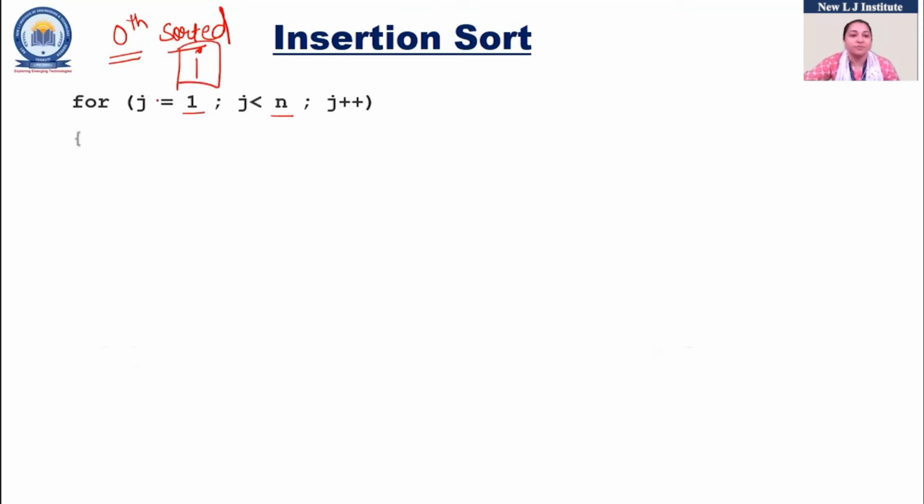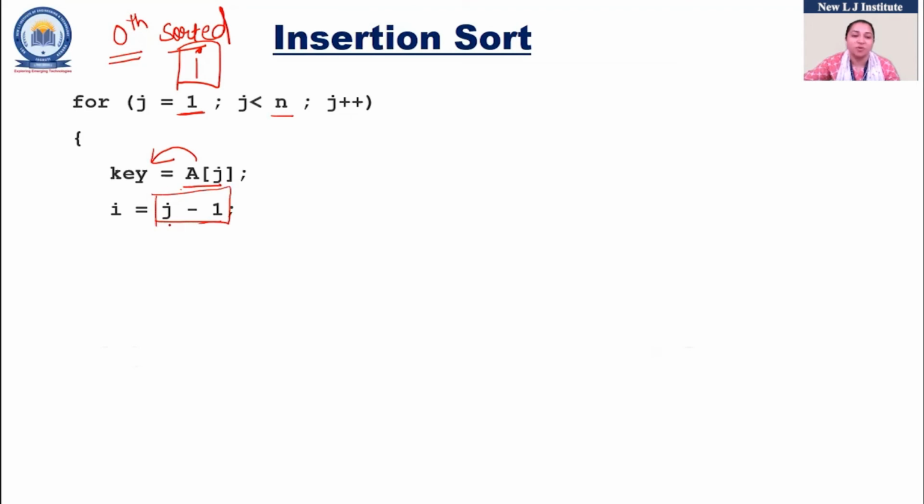So first of all, we will pick A of j, meaning the first element at the first index, which is technically the second element. We will pick that element and we will copy that element to key, right? Then we will initialize I with j minus 1. So as we have seen in the example, we always initialize I with the previous element.